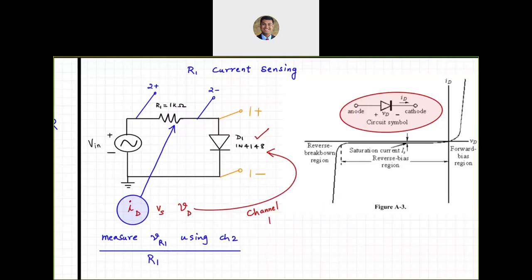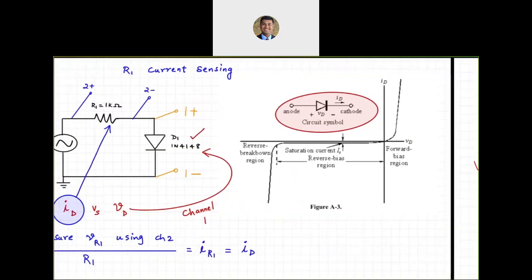That gives us IR1, and because the resistor R1 and diode D1 are in series, they have the same current flowing through them. That's how we measure the voltage and current through the diode simultaneously.